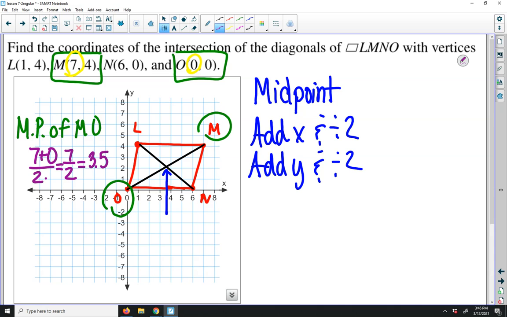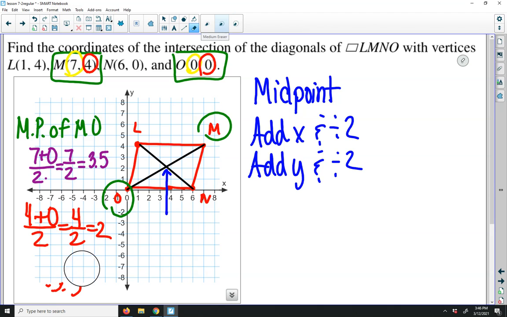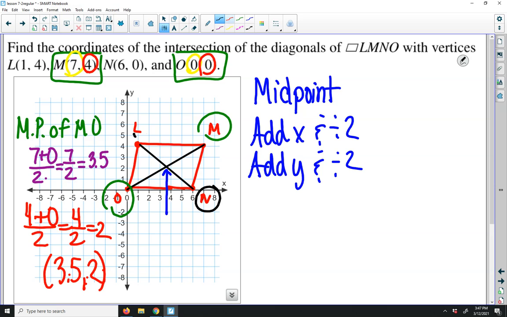Then I'm going to do the same thing with my y coordinates, which are 4 and 0. So 4 plus 0 is 4, and 4 divided by 2 is 2. So the coordinates where these intersect are the point 3.5, comma 2.